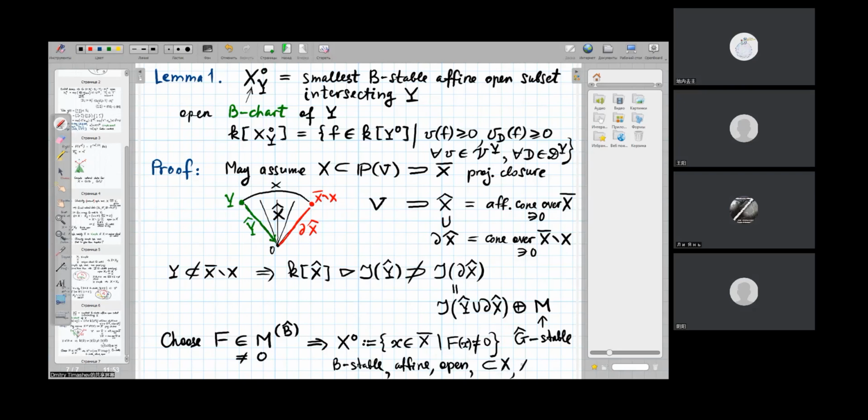Professor, why is it affine? It is affine because it is defined as a non-vanishing locus of a homogeneous form on a projective variety, just by projective geometry. When you take a projective variety, and when you take a homogeneous form in projective coordinates, and take the non-vanishing locus of this form, it will be automatically affine. Okay. So even if the projective variety is not smooth, the non-vanishing locus.